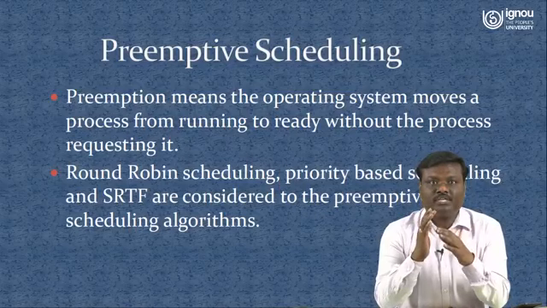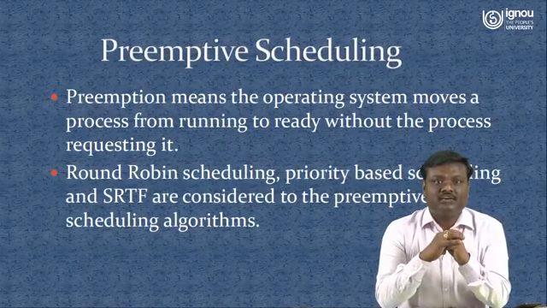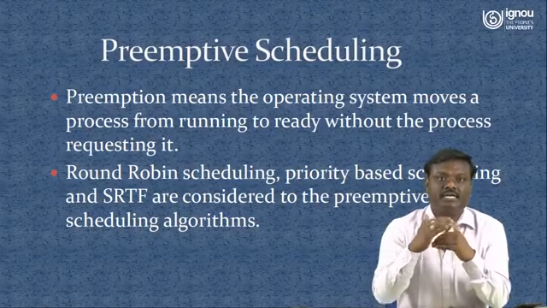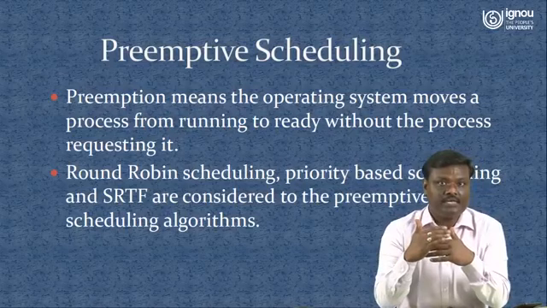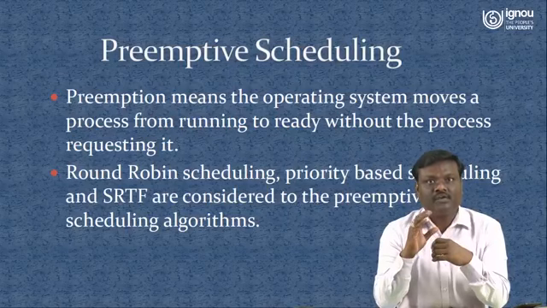But in preemptive scheduling, the processes are moved without the process requesting it. There may be a time slice happening, or a priority attached to the process, or depending upon some event the priority changes.